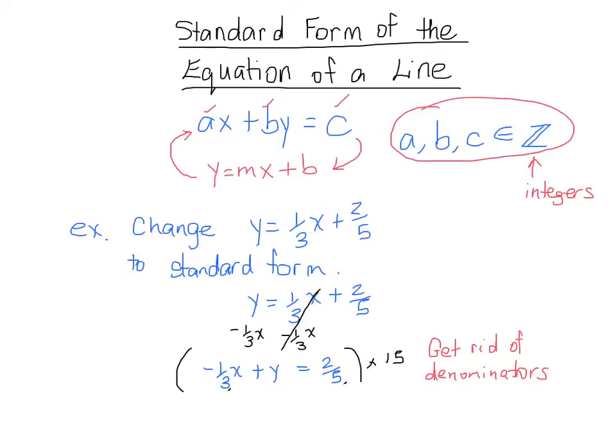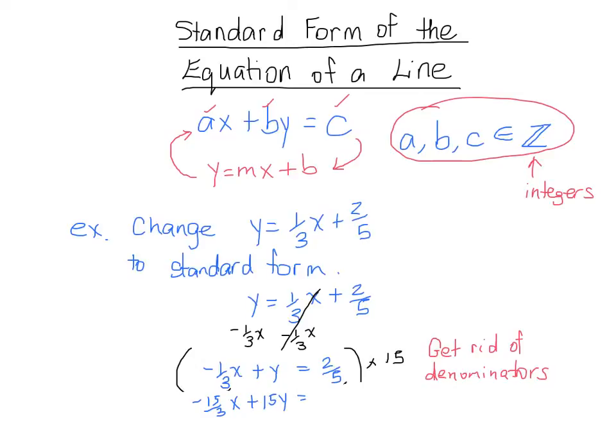When we multiply negative 1/3 by 15, we get negative 15/3 x plus, when we multiply 15 by y, we get 15y.